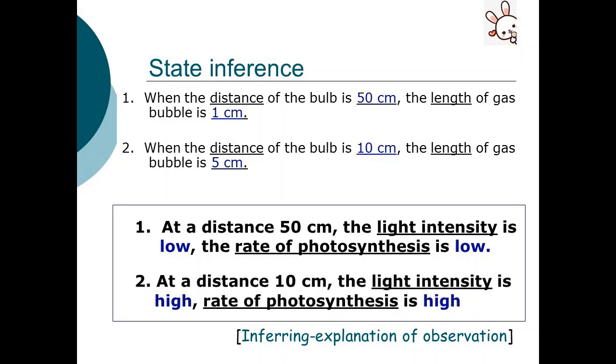And the inference for the second observation is light intensity is high, rate of photosynthesis is high. So here we want to explain why the length of the bubble is like this or like that. And the formula for the inference, MV, RV plus the description. Hopefully everyone can remember this.